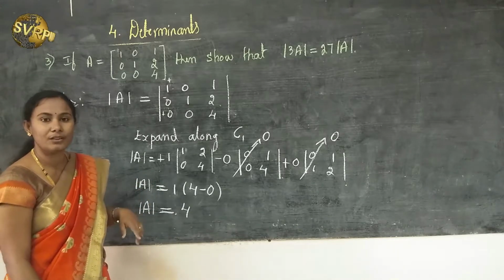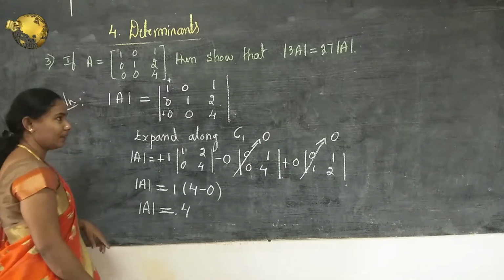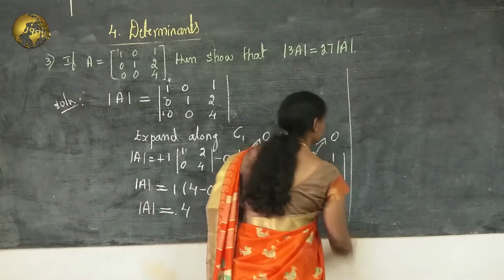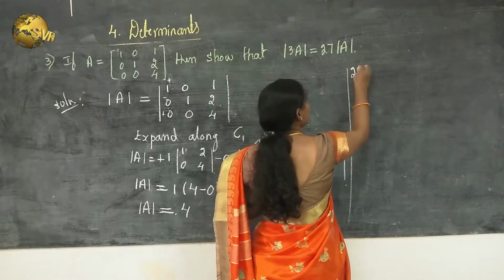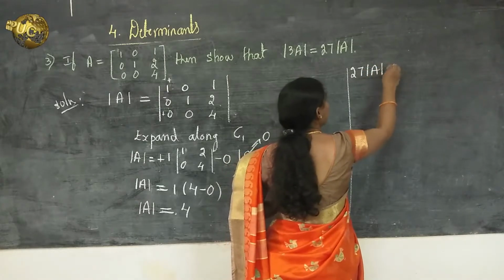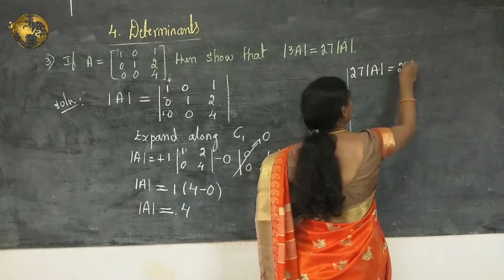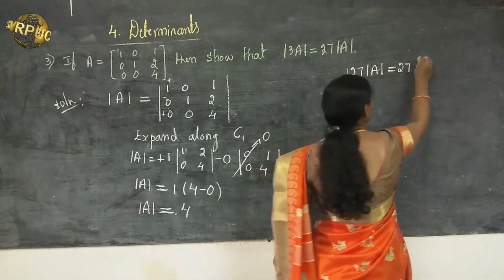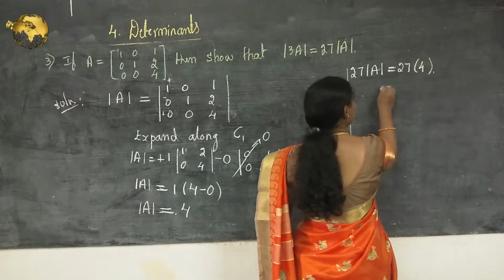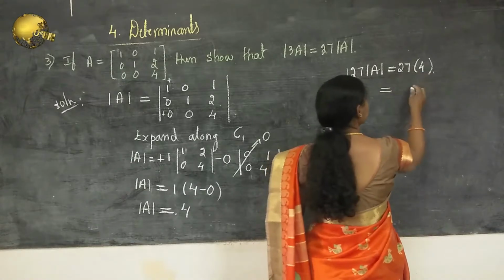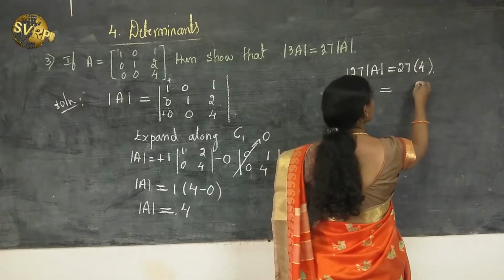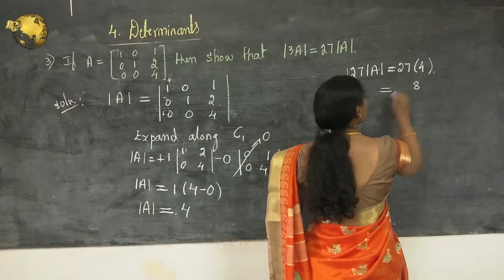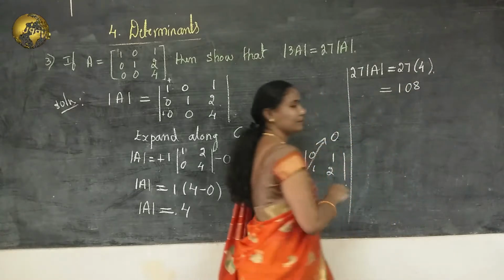Now we have to find 27 into determinant of A. That means 27 into the value 4. 7 fours are 28, so it is 108.